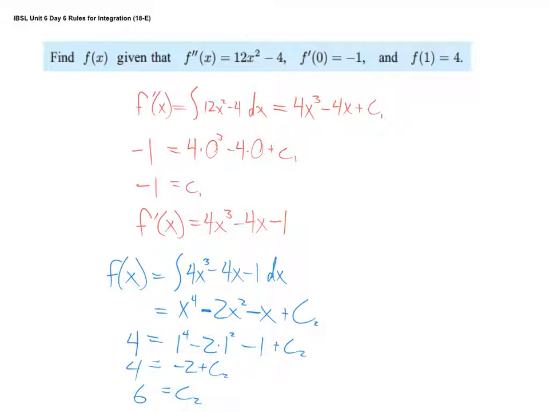And now I know that f of x is x to the 4th minus 2x squared minus x plus 6. Does that make sense? Okay.